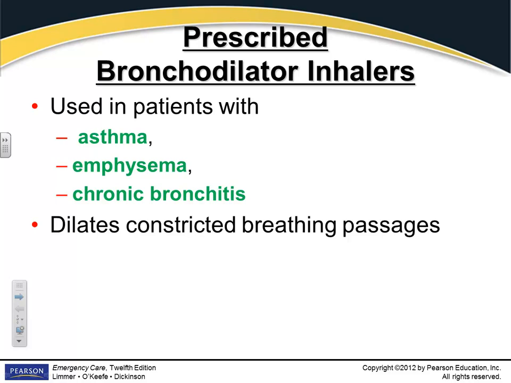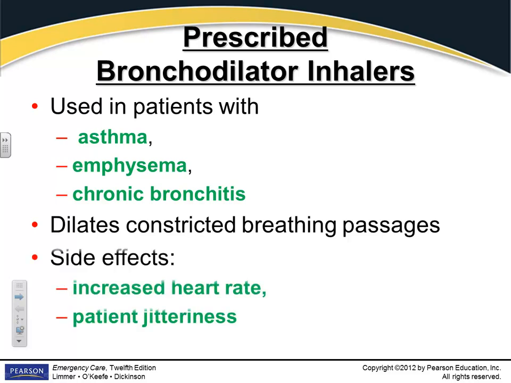The inhaler will dilate the smooth muscle tissue in the lung, so it dilates the bronchi. It relaxes the smooth muscle tissue which surrounds those tubes, so it allows greater airflow through the lungs. The side effects: the bronchial dilators are beta agonists, and that's something y'all will need to be familiar with.